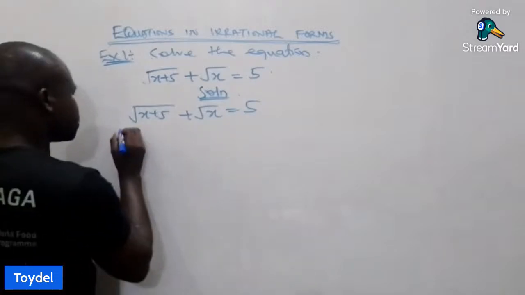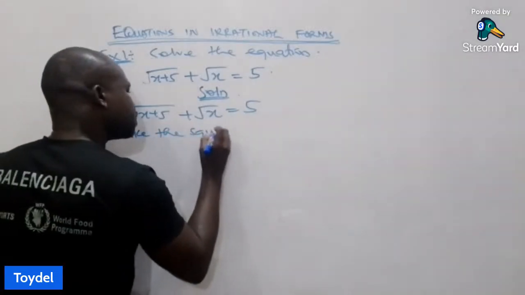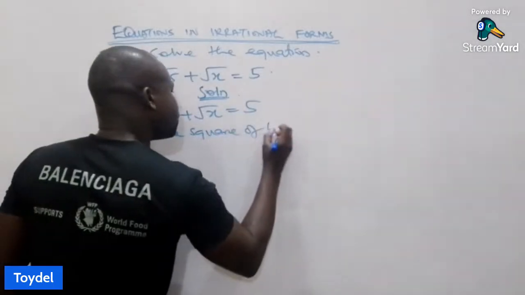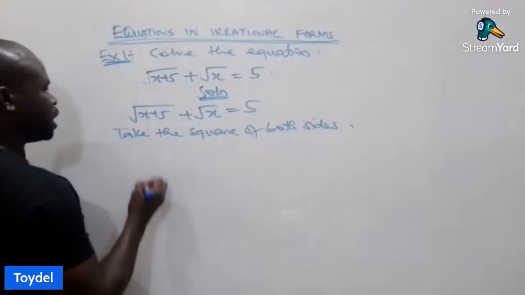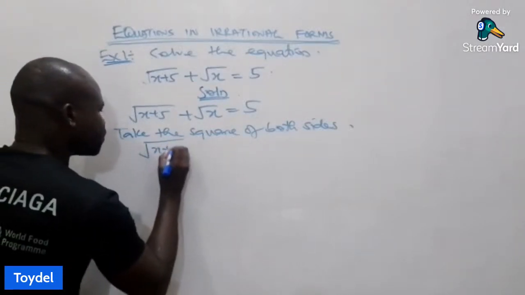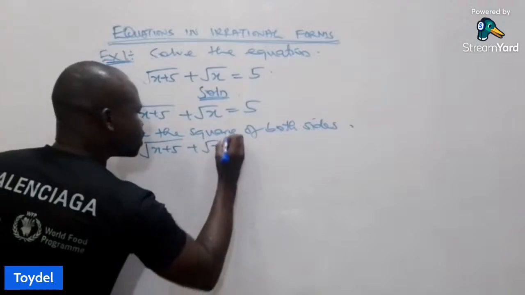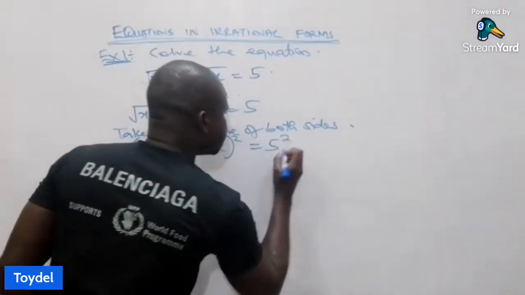So the first step I'm going to take is to square both sides. That is, square root of x plus 5 plus square root of x, all squared, is equal to 5 squared.